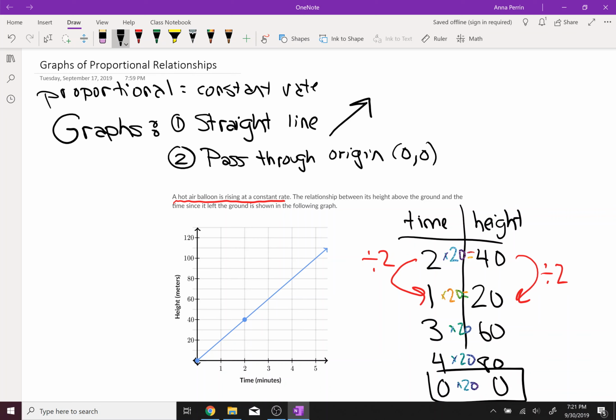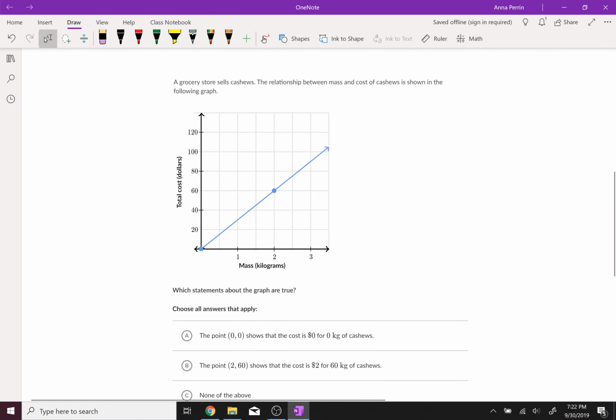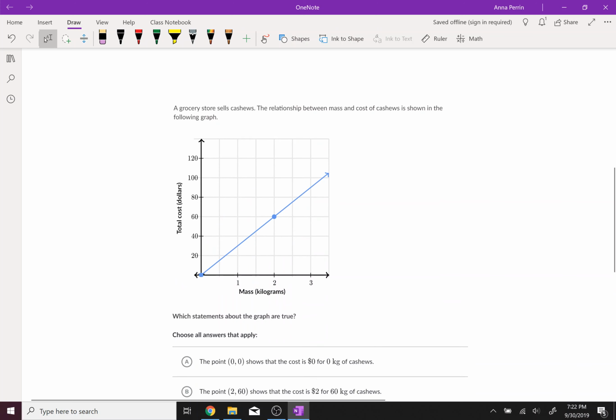So I can see here from this relationship that it takes 0 minutes for the balloon to rise 0 meters, which makes sense. It started on the ground. 2 minutes for it to rise 40 meters, as well as all those other values that we talked about along the way. Now let's actually look at another one and use it to answer some questions.